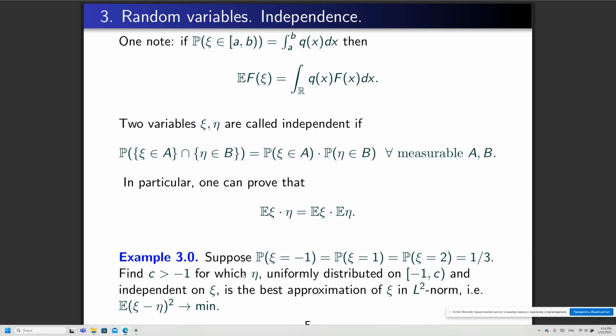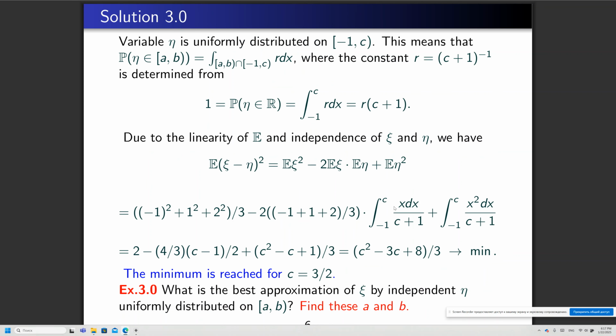Continuous random variable eta is uniformly distributed on the interval -1 C. And we would like to find C for which this eta will be the best approximation of Xi. This means that it is best in L2 norm: if we take the difference, take the power 2, the expectation of this difference should be minimal among all possible random variables of this type.